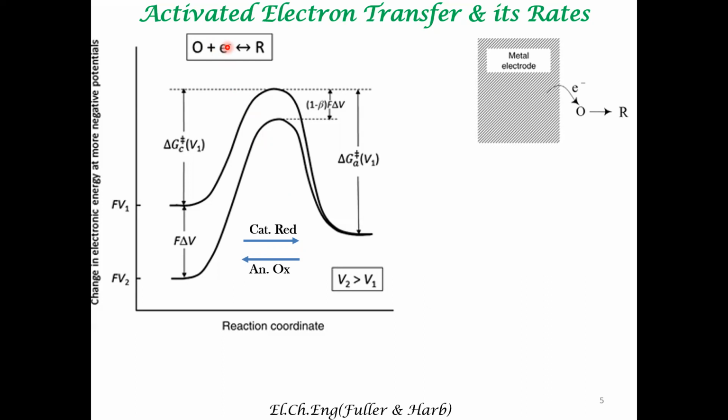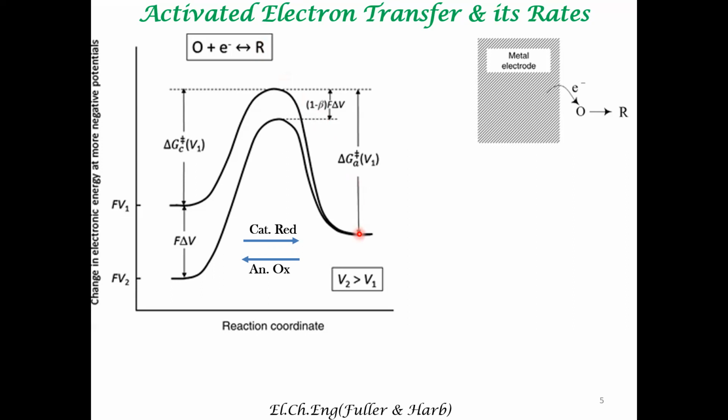The chemical potential is reduced, that is, it becomes more stable. And that change in energy level, change in chemical potential of the electron, is indicated by this change. Okay, so this, let's say, indicates the energy level of R.